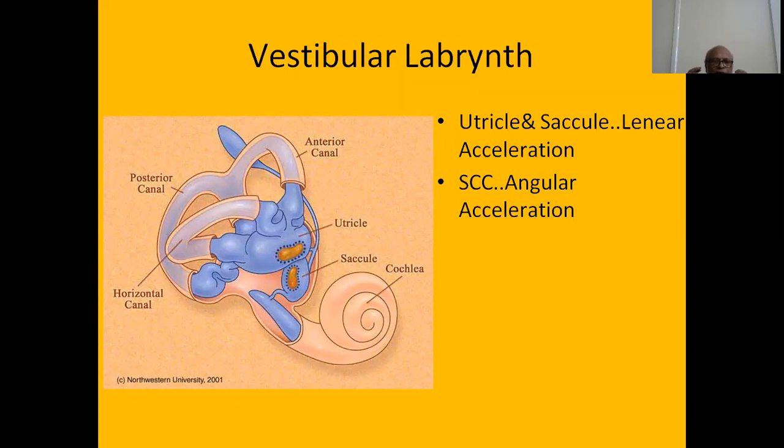So what happens when we turn to the right side? There will be nystagmus towards the left side. So there is a push-pull mechanism in the body. The labyrinth always pushes the head towards the opposite side.